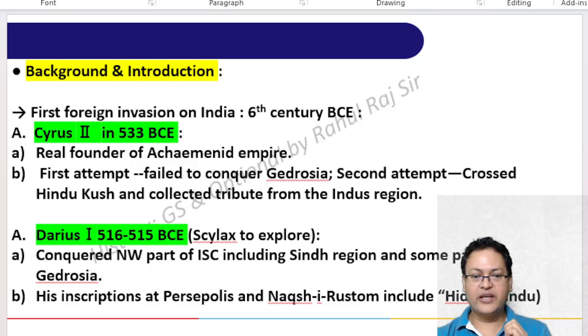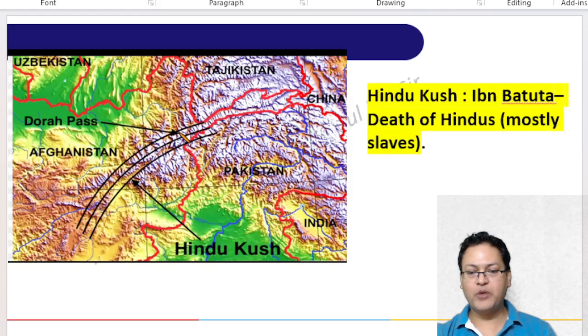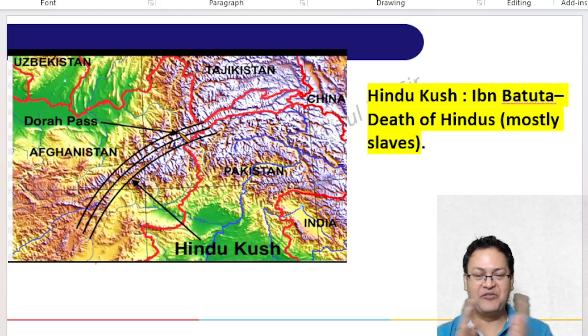Here let's discuss one important word, Hindu Kush mountains. If you know the etymology of a word, it becomes easier to remember it. Etymology means the meaning and evolution of the word. Kush means to kill, like you must have heard the term khud kushi, to kill oneself.